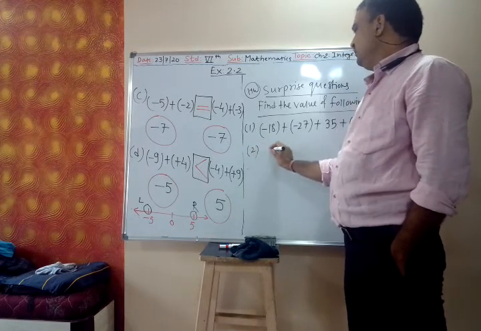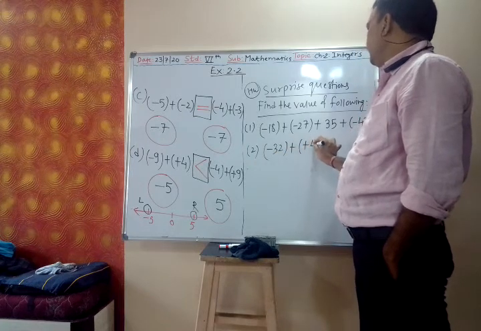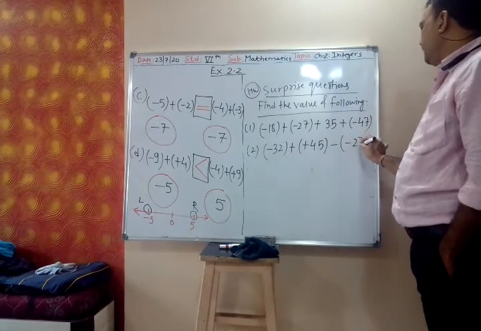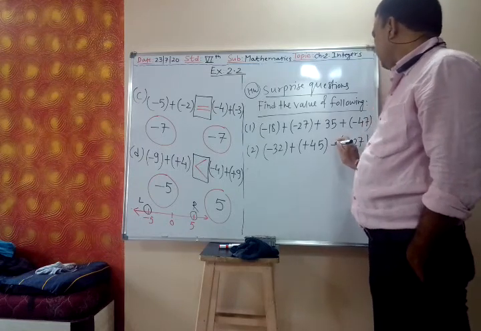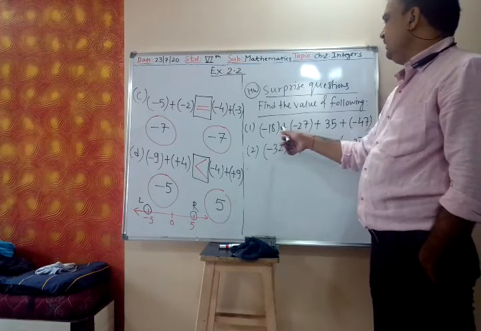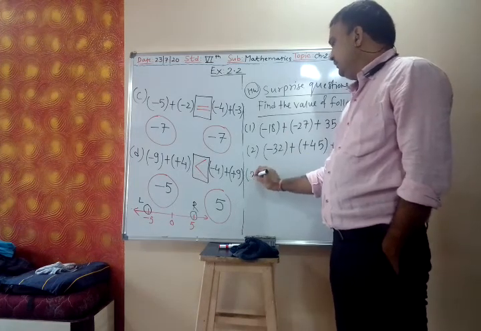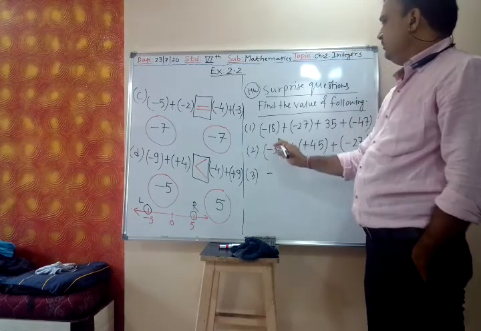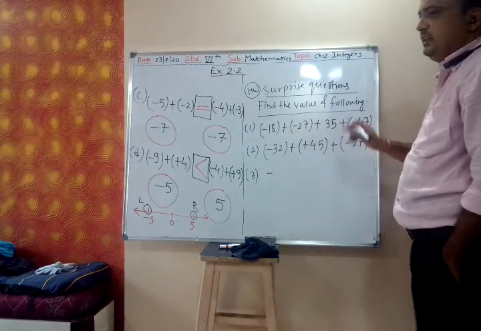Second, minus 32 plus 45 minus 27, minus 18. Third, minus 18 plus minus 27 plus 35 plus minus 47.